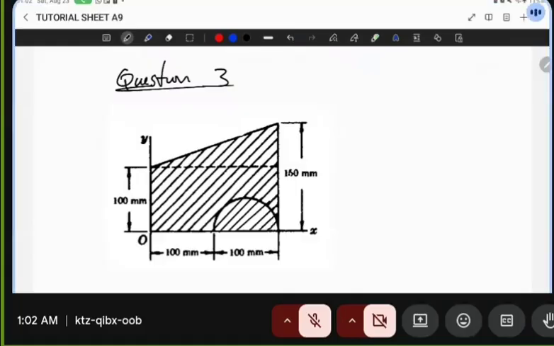So you can look at it as a shape like this, and then break it to say that you have a rectangle at the bottom and a triangle at the top.